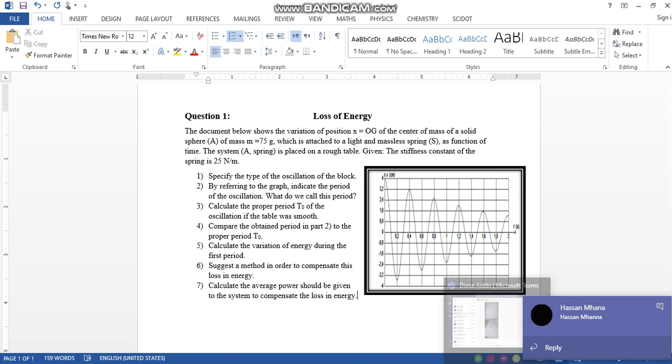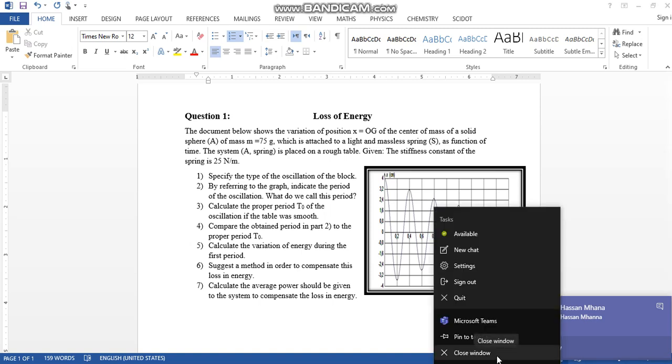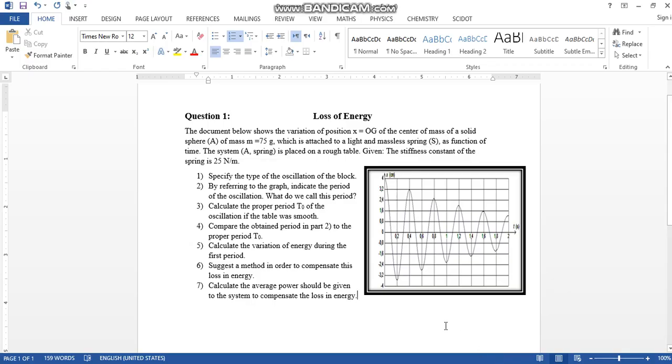We have to determine, to specify, the type of oscillation of this block. Since friction exists, and as we see in the graph, the amplitude x maximum is decreasing, the motion, the oscillation, is free damped oscillation.